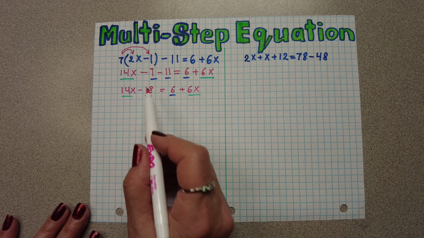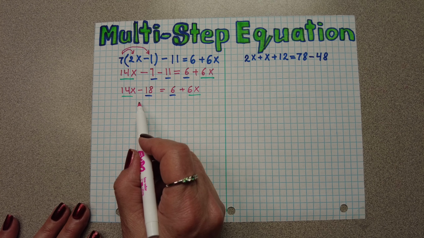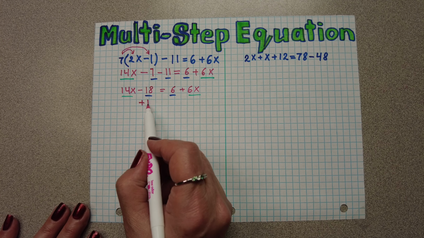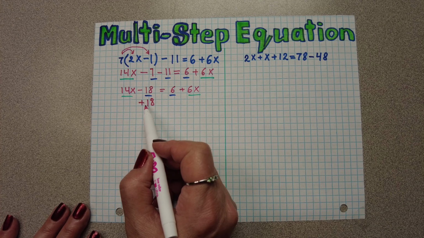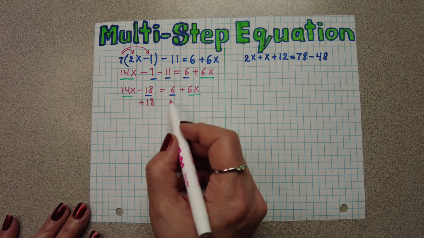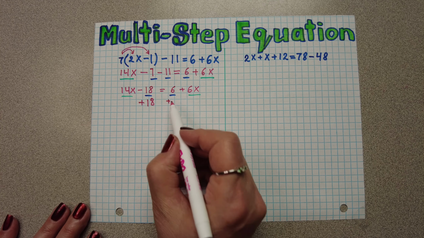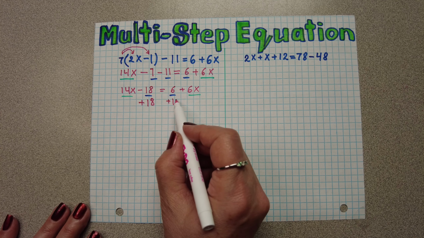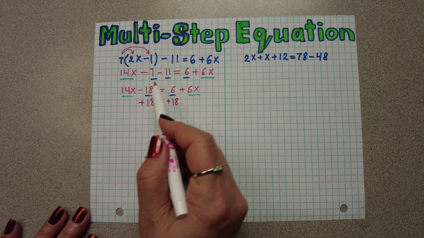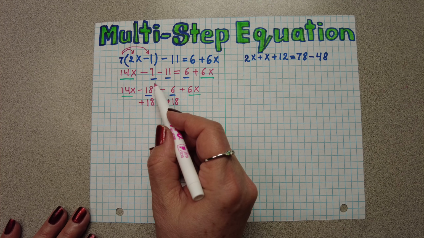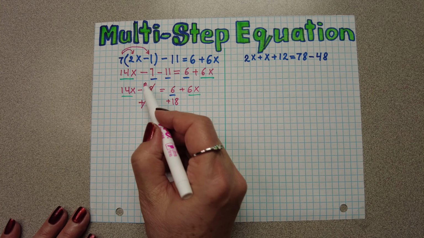We have negative 18. We're gonna add 18. Same number take away same number will be 0. And we add to the right side too to keep our balance equal. So now negative 18 plus 18 will be 0.